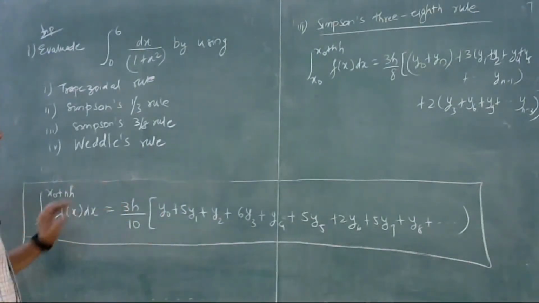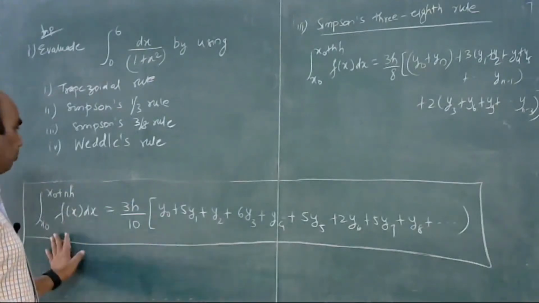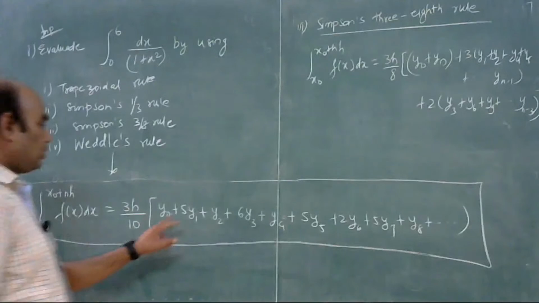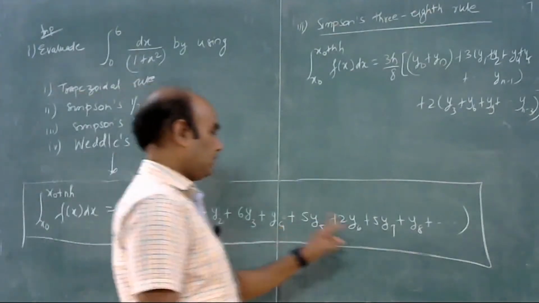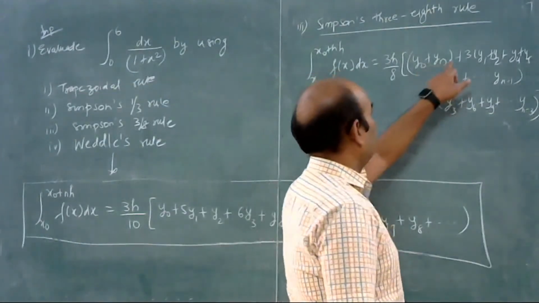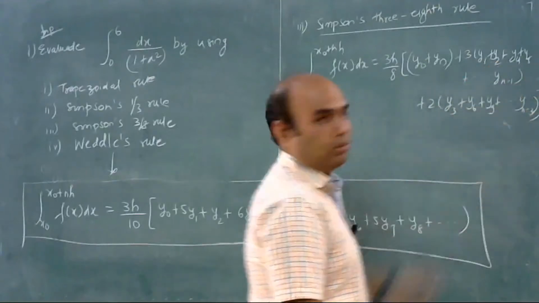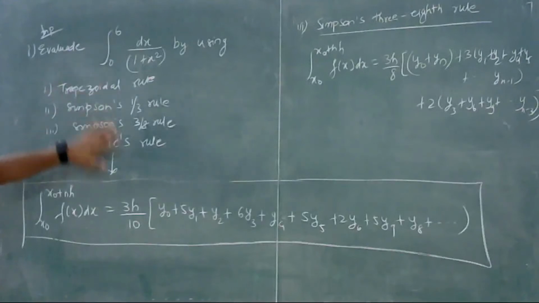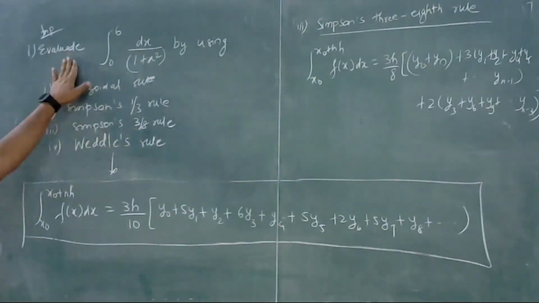And here, this is Weddle's formula. So you have to find y0, y1, y2, y3, y4, y5, and y6. Similarly here y0, y1, y2, y3, y4. And in the question, the values of y are not given.